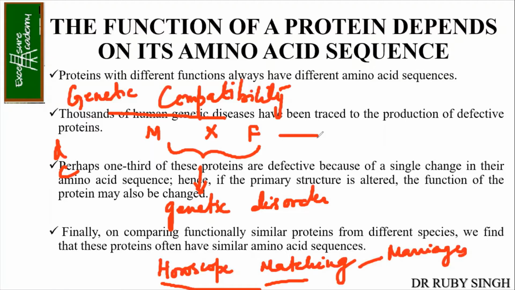So there are chances that if both the male side and the female side have inheritable genetic disorders, what are the chances that the child is going to have that particular disorder? Here genetics comes in: if both the male and the female are carriers, there are chances that the child is going to have the homozygous condition and might have the genetic disorder, right?